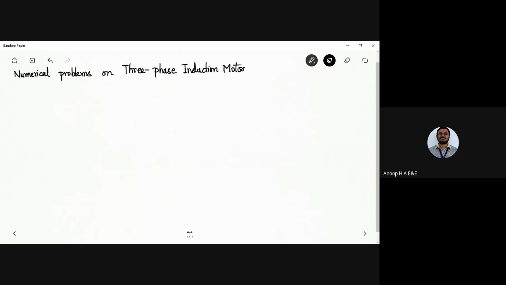So I have these numerical problems on three-phase induction motor to be discussed. Let me start with one simple problem.